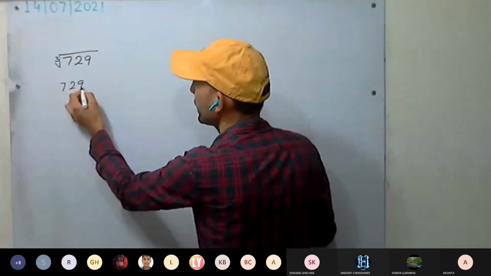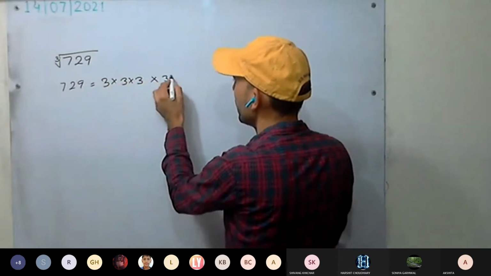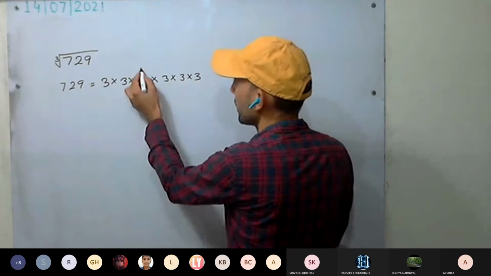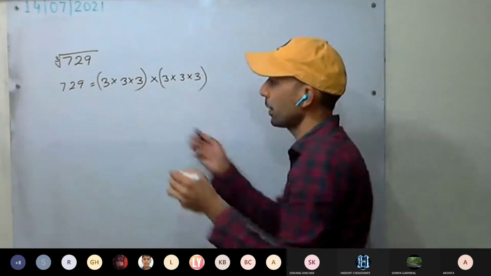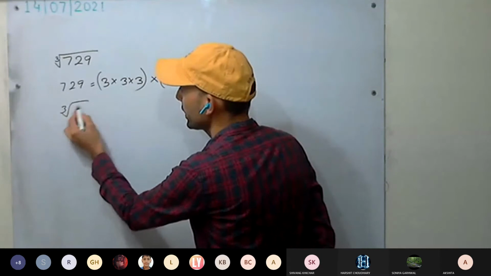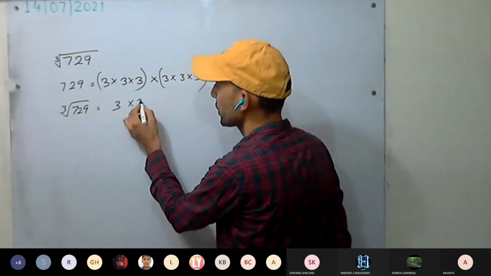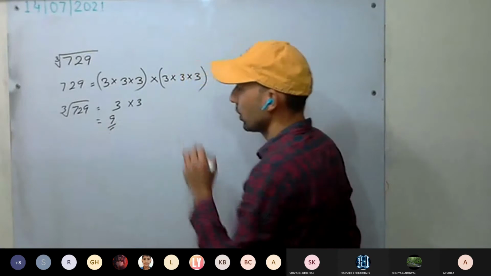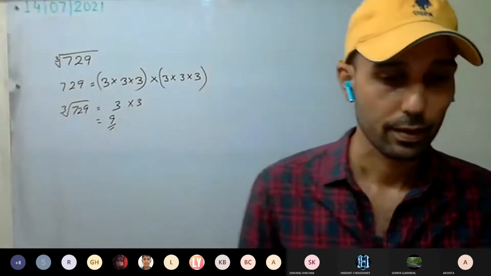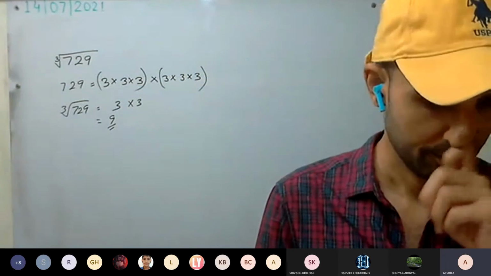Okay. So 729 can be written as 3 into 3 into 3 into 3 into 3 into 3. One triplet, second triplet of the same factors. Okay. So cube root of 729: 3 from the first triplet, 3 from the next triplet. 9. Okay. Clear to all? Okay. Do the next one.